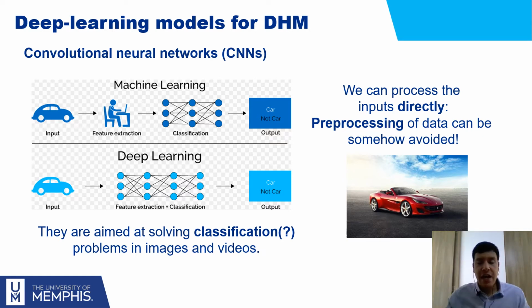The reason why this particular structure of network has been widely used and propelled the use of different learning-based methods is that it allows us to remove the pre-processing stage from the overall machine learning approach.